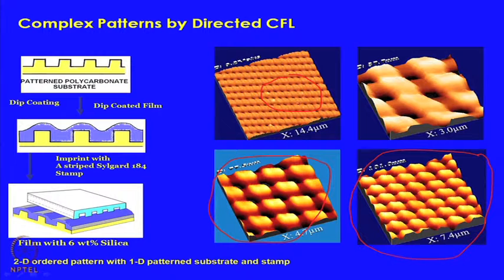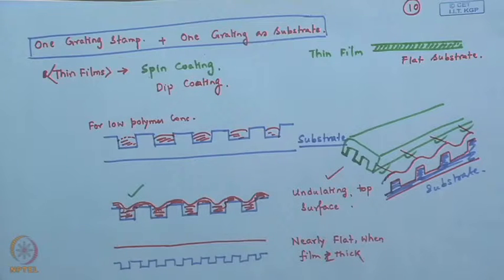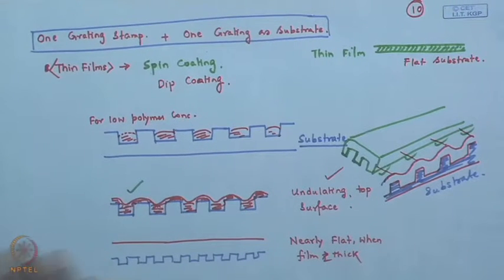The intention is to give you some sort of an idea. I do not have any intention of going into a great amount of detail, but this mechanism, what people think, is based on the fact that if you have a reasonably thick film, then you would have an undulating film surface where the undulations are in phase with the substrate pattern.